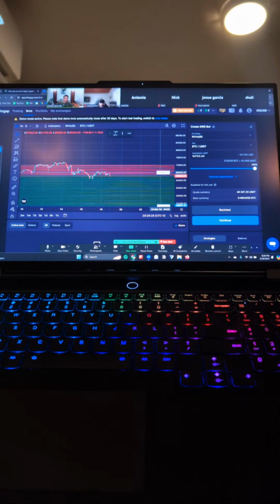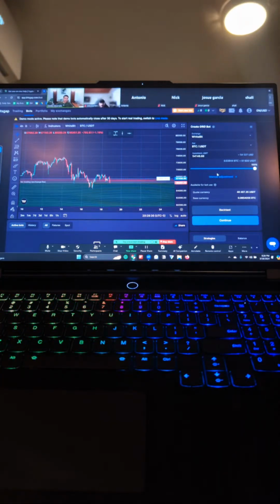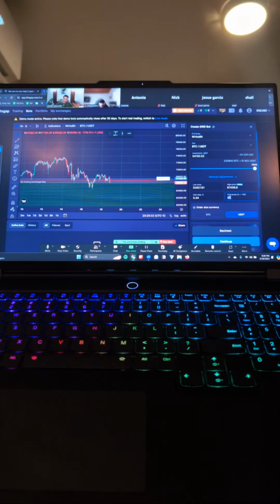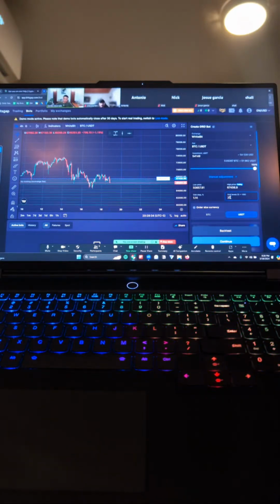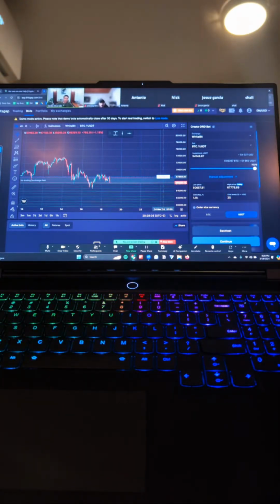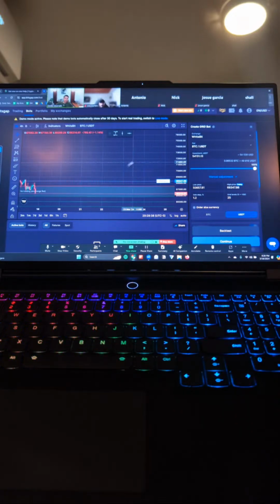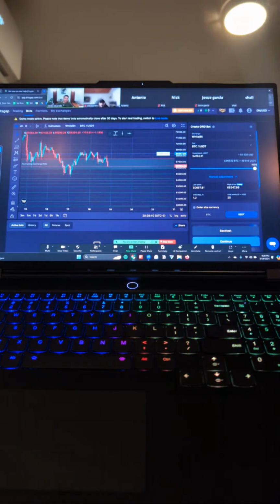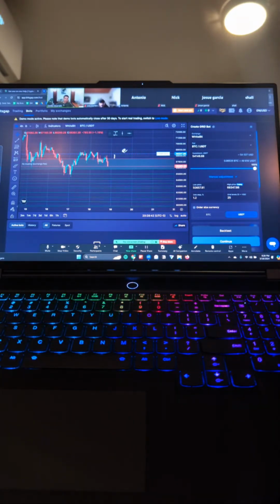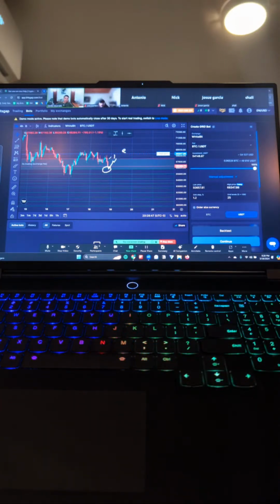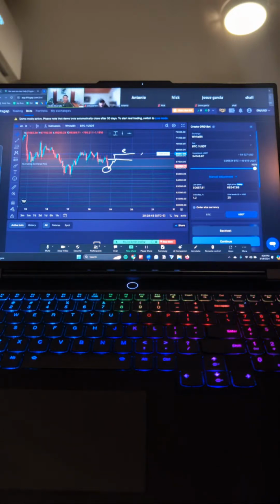You have to place the high price in a way that you can only see anywhere between 1 to 2 red lines above market price. So if I count, this is going to be 1 and 2, and this is going to be market price. So it needs to be 1 or 2 red lines above the market price.